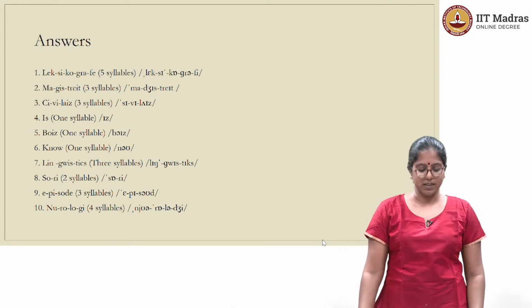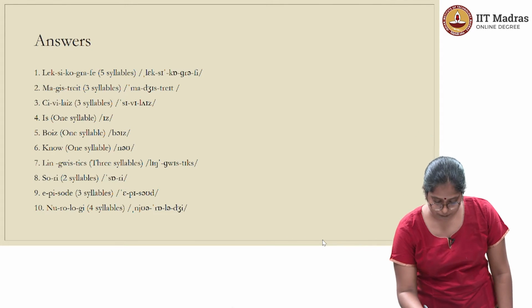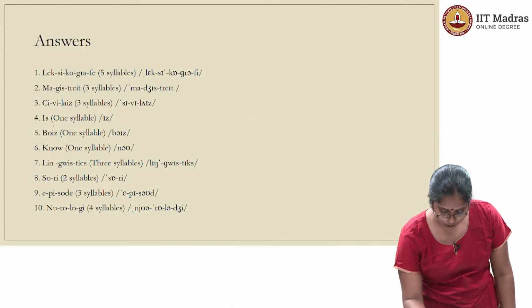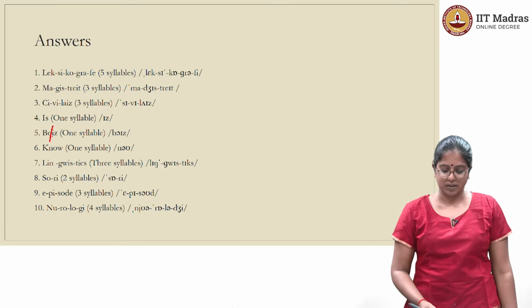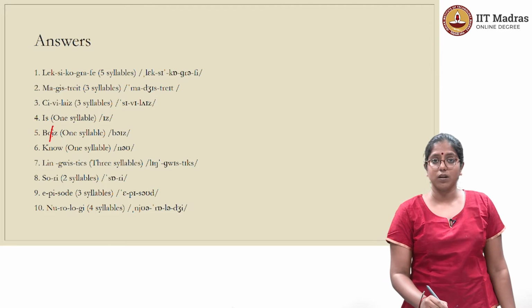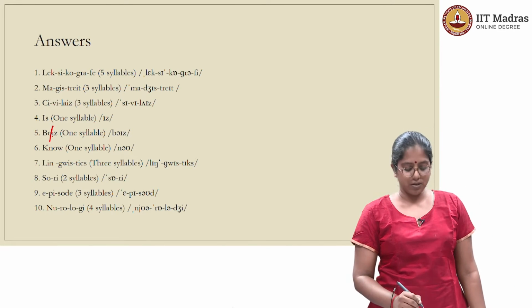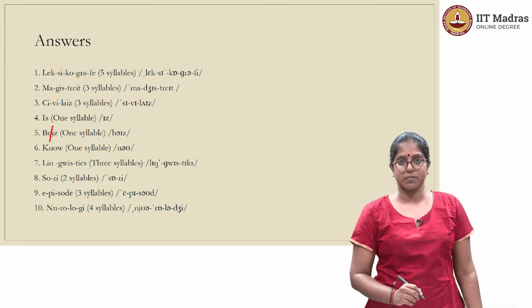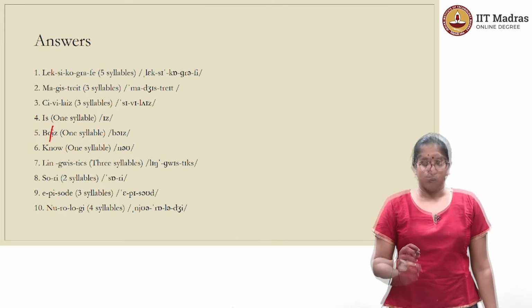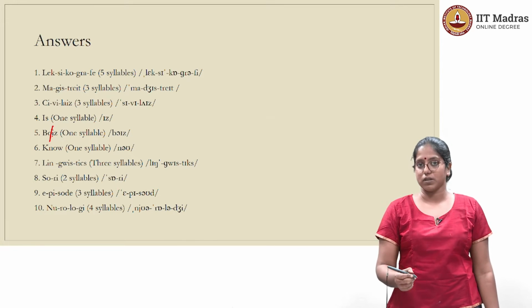This is slightly tricky. Some of you might have divided the word into 2 syllables looking at the vowel letters. This is where the confusion stems. You need to look at vowel sound and not vowel letters.